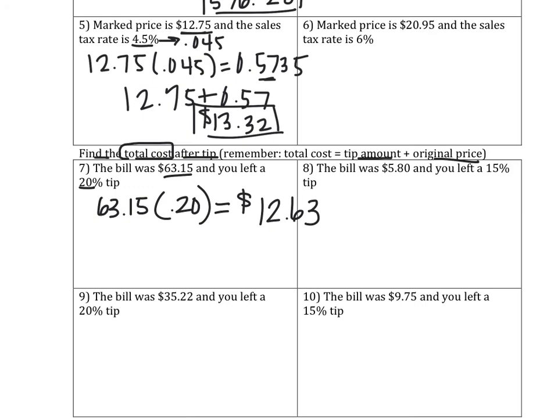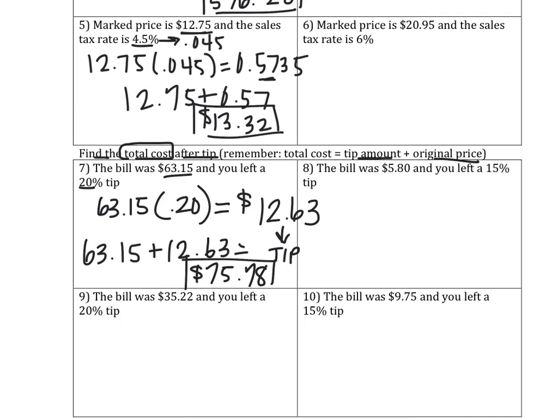That's the tip that we're paying. So now we have to add that onto the original cost. So $63.15 plus the tip amount is going to give us the total cost of our bill. So that would be $75.78. Not a cheap meal.